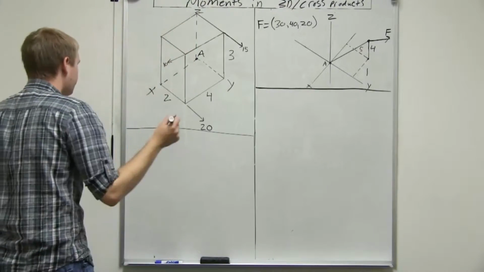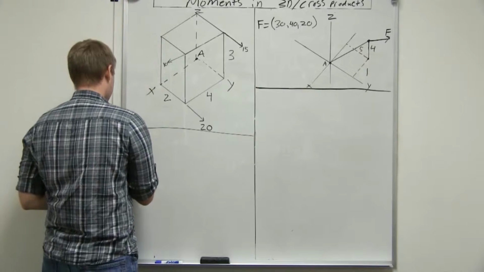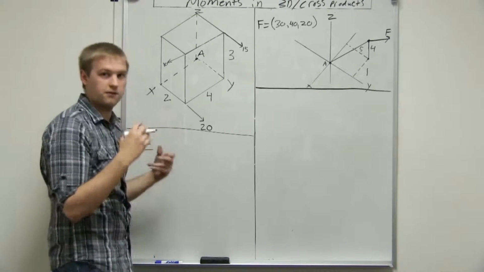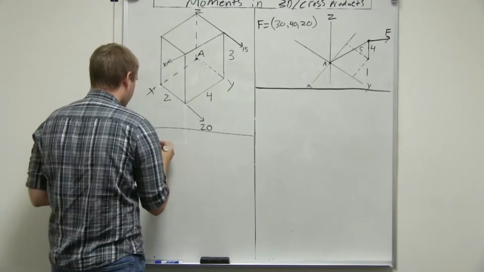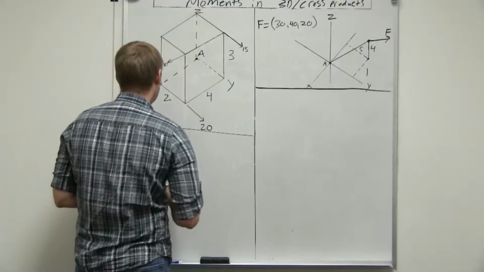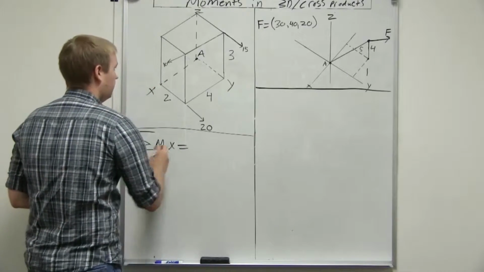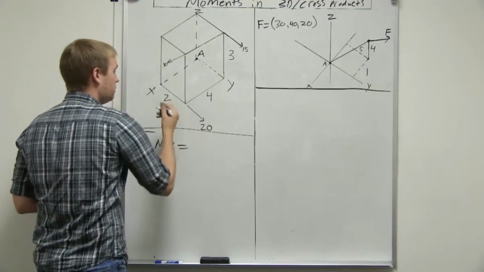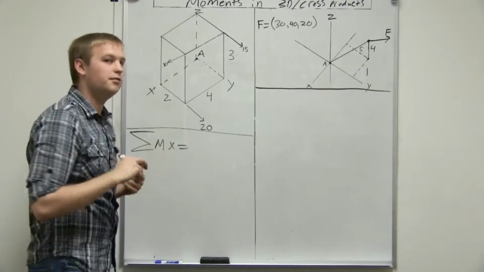So let's write that down there. And at the end we're going to sum all of these moments up about their specific axes. So sum of the moments about the x-axis equals 15 times something. And we know that it's going to be a negative moment.